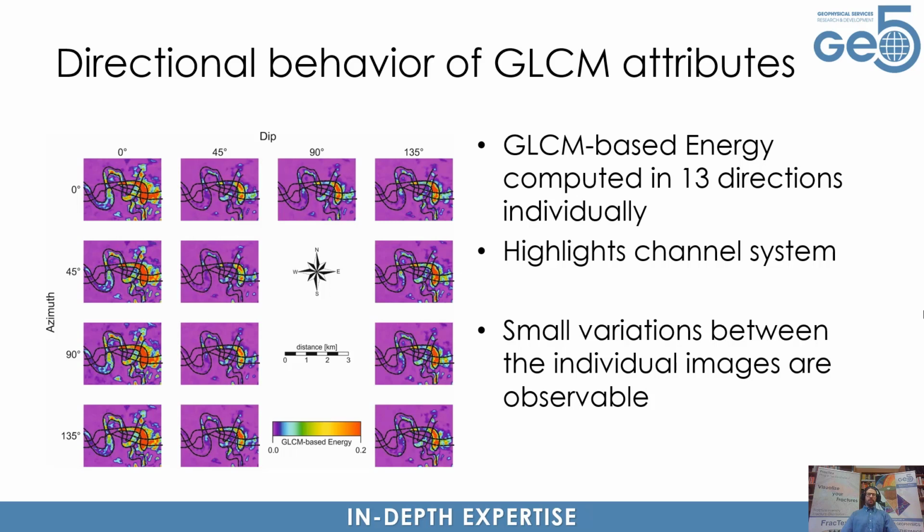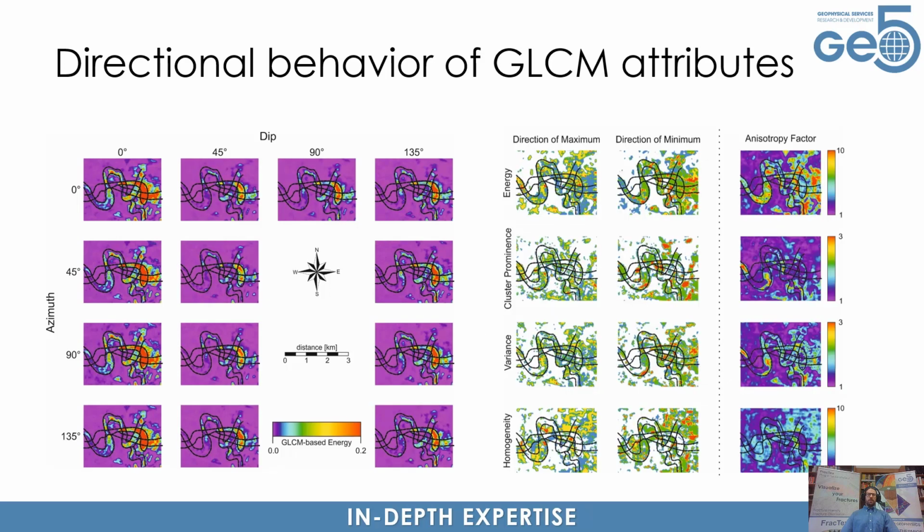Based on this observation, we developed a workflow which led to the FracTex attribute. In this workflow, we determine for each sample point the minimum and maximum values, and from that we compute a factor for the spatial variation, and we can also determine the direction of maximum variability.